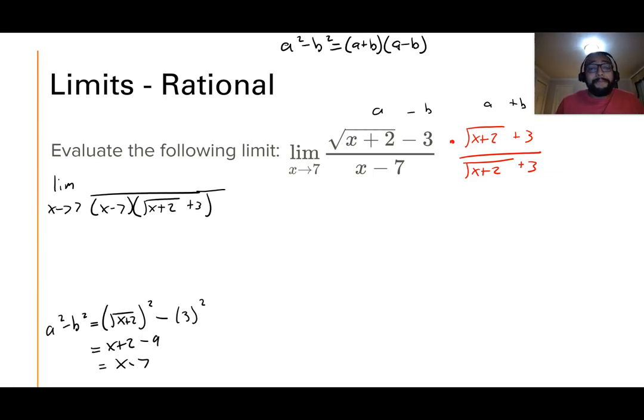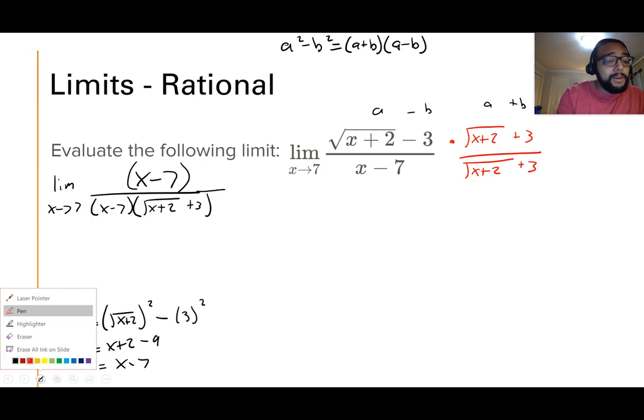So this is saying now that our numerator, when I multiply the square root of x plus 2 minus 3 times its conjugate, which is the square root of x plus 2 plus 3, after you multiply them out and simplify, you're going to be left with solely x minus 7, which is great news because notice, and if it helps you, you can do parentheses, on top we have x minus 7, and on bottom we have x minus 7.